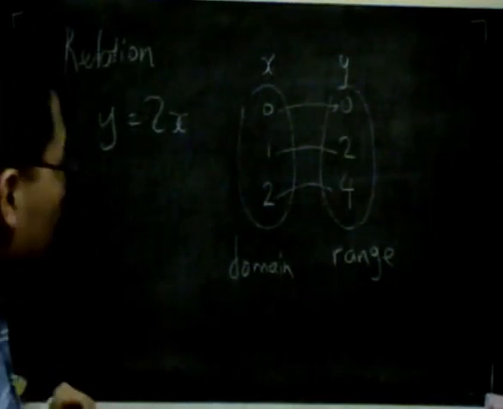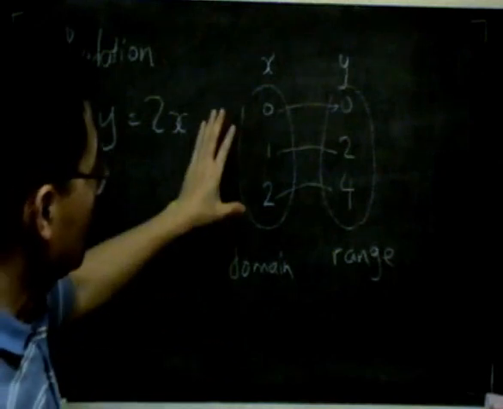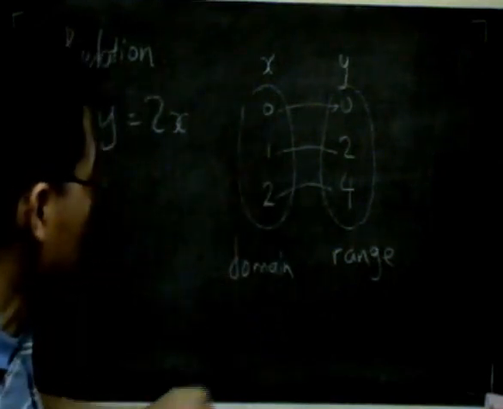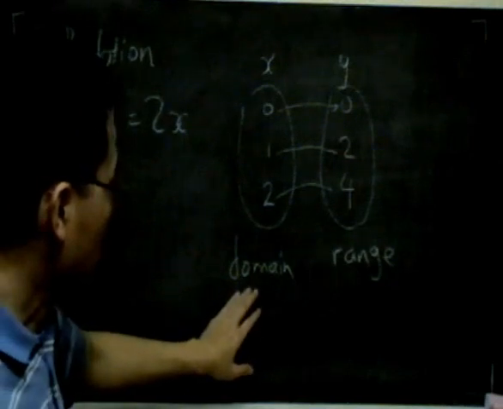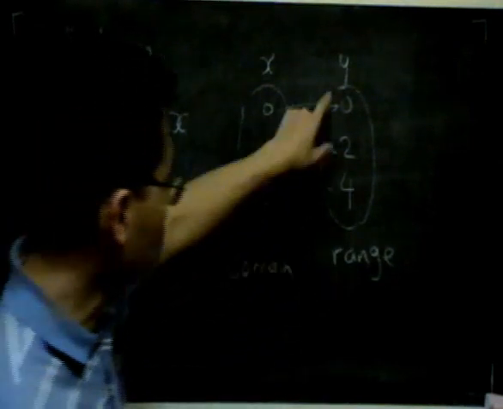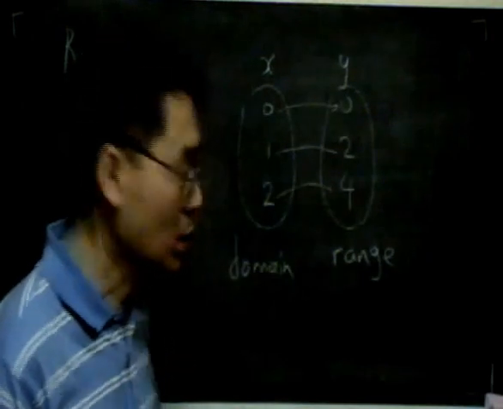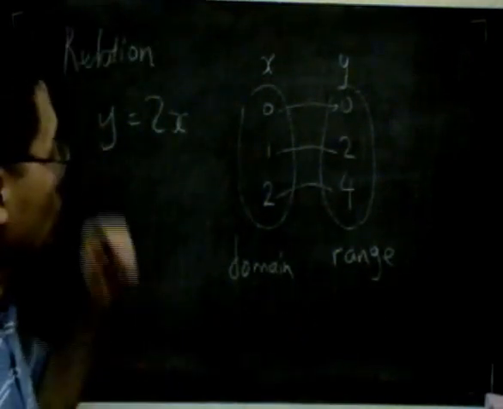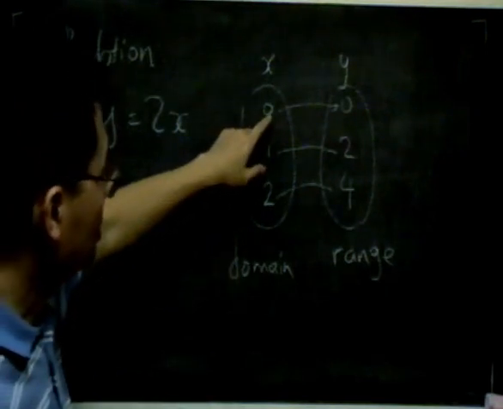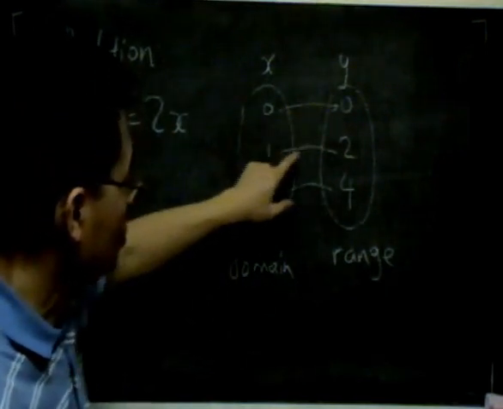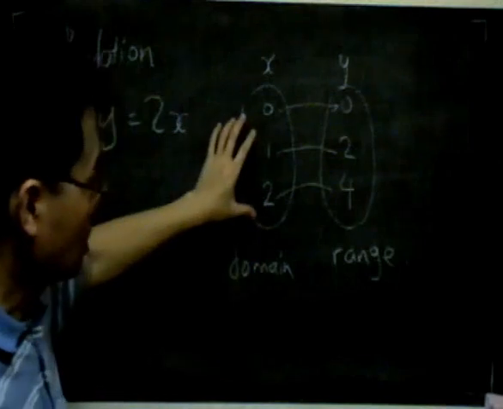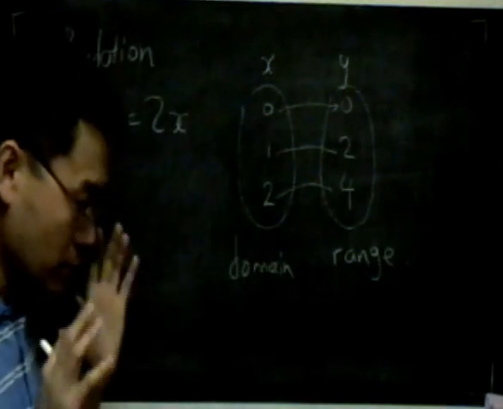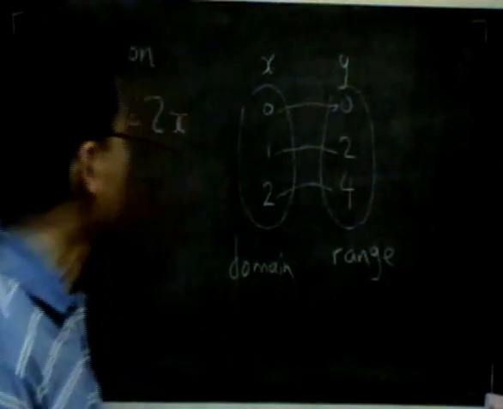So there is an ordering there, and the set of all the first numbers is called the domain, and the set of all of the second numbers is called the range. Alright, and if you like this line joining them, this knowledge of which number is related to which number is the relation.